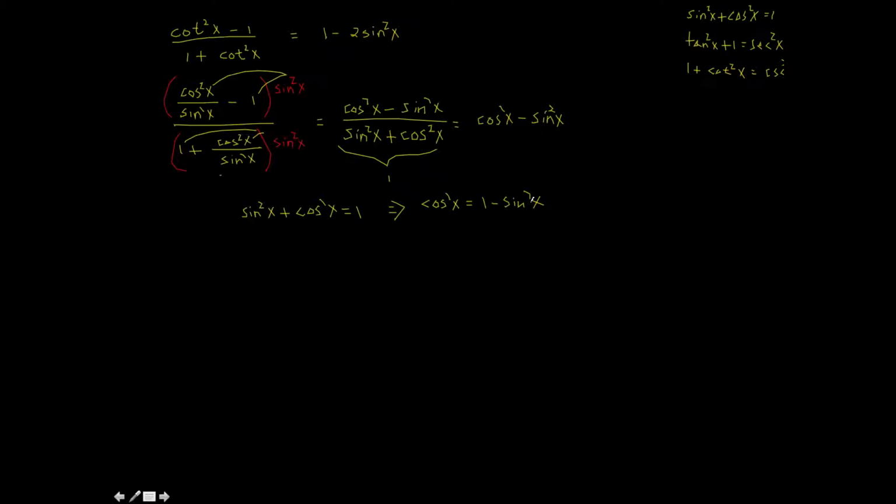Alright, so I can take this and substitute it in for cosine squared, and that's giving us everything in terms of sine squared like the right hand side wants.